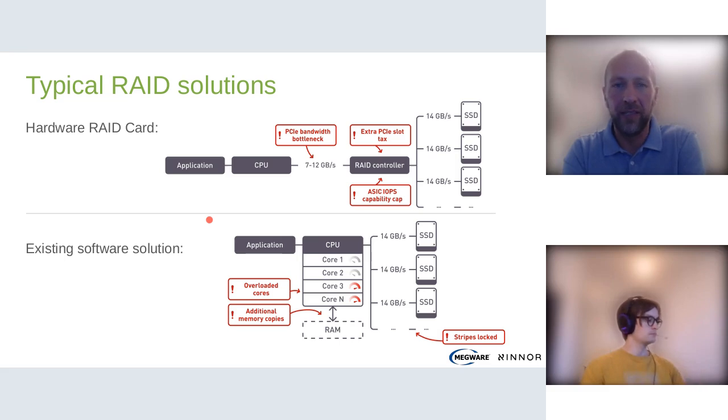Like every software RAID, it uses the system CPU, and it creates a one-to-one lock between one stripe and the core, which is fine in reading, but it's extremely bad in a write operation, or when something goes wrong in degraded mode. In that case, it creates additional copies and slows down the performance further.